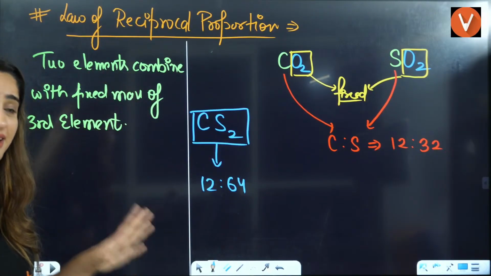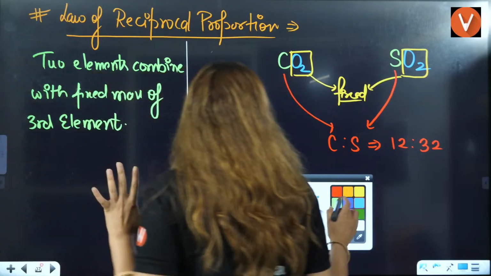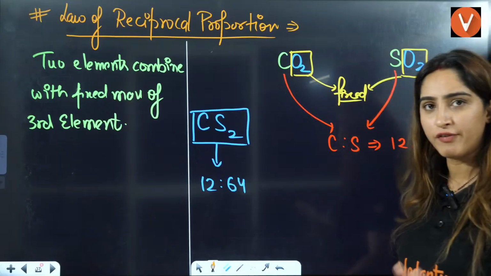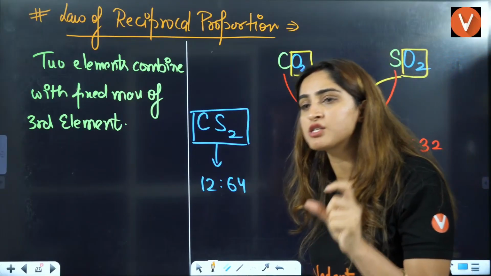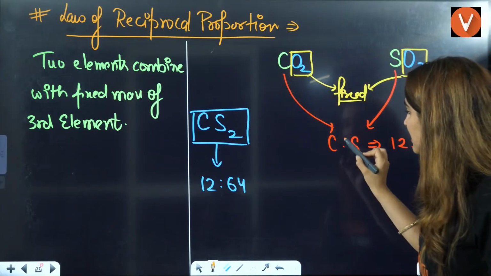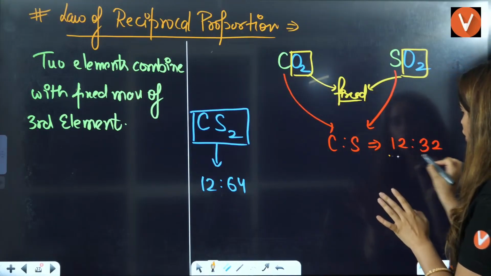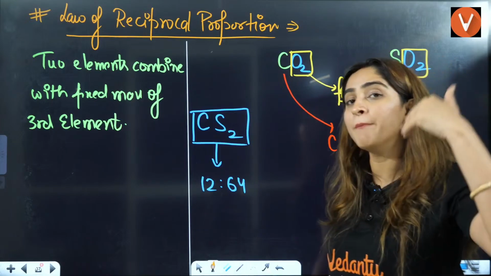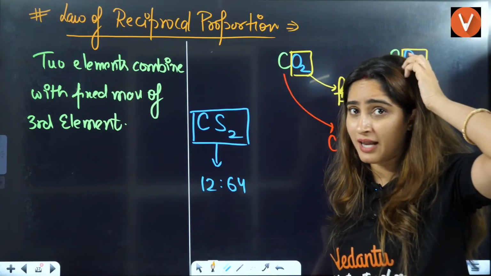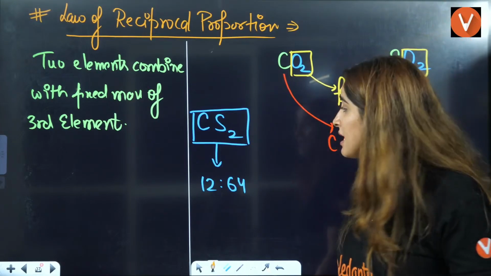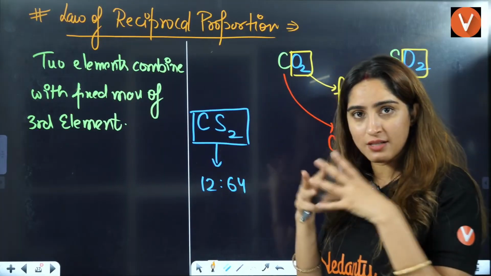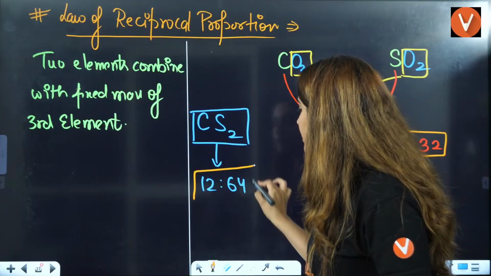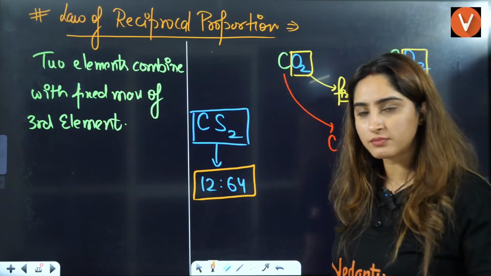Tell me, till here you got it or not? When carbon and sulfur combine with the fixed mass of oxygen, the ratio of carbon and sulfur is 12 to 32. But when they are not combining with the third element, oxygen, and are combining with each other to form a compound, then the ratio is 12 to 64.